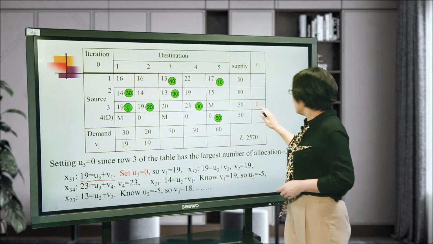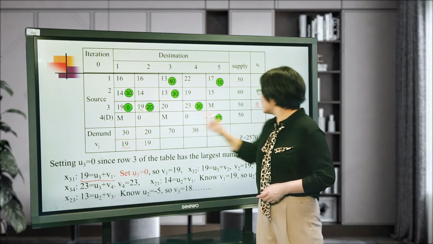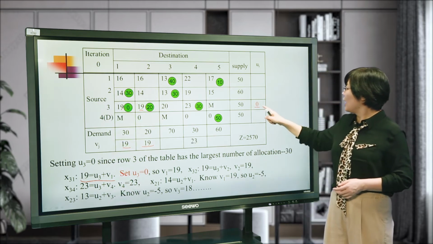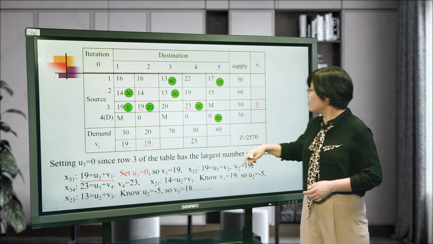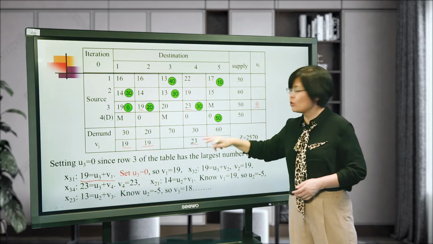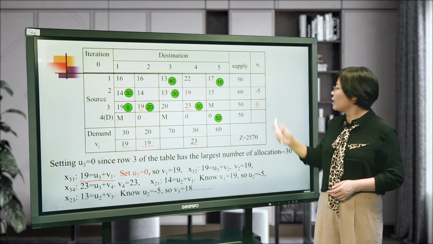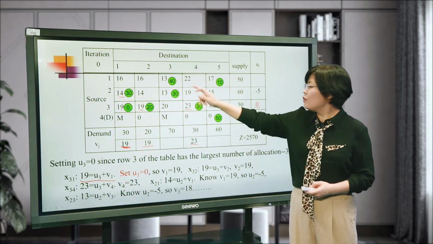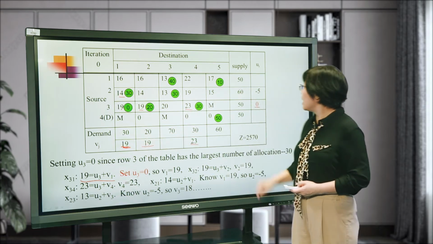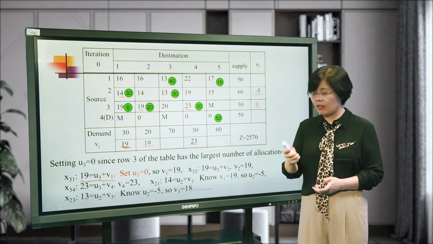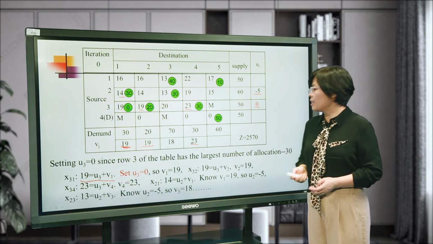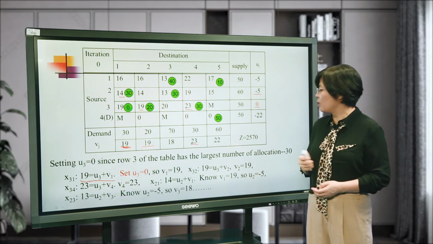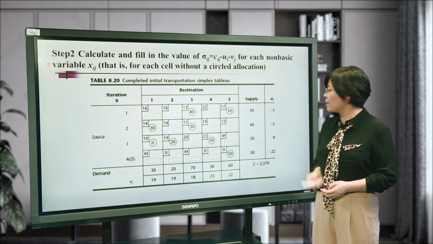Then also 19 minus 0 here is 19, and 23 minus 0 is 23. Here is 14, and 14 minus 19 is minus 5. And the same for this one and this one. We do it all similarly.